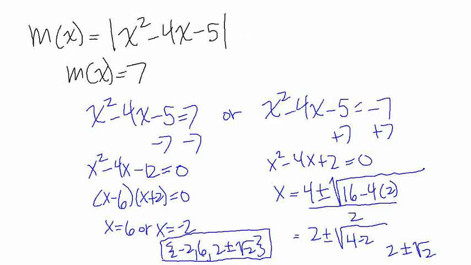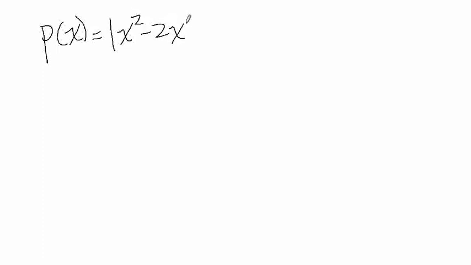Now I'd like you to try a similar problem. Suppose p of x is equal to the absolute value of x squared minus 2x minus 1. And I want to know where p of x is equal to 2. All right? I want to know what x values make p of x equal to 2. So pause the video and try to solve that now, please.